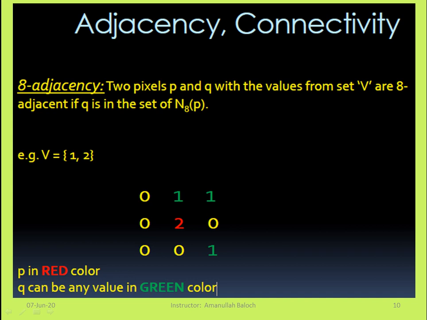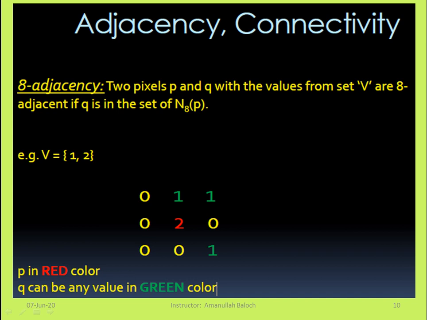Here, this is P and this one is Q. This Q belongs to N4 of P, and also the pixel gray value belongs to this set V. This pixel belongs to ND of P. This is P, and if this is Q, then Q lies at the position of ND of P, and the gray value also belongs to set V, so it is adjacent.